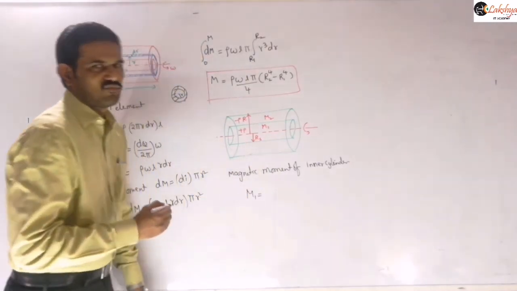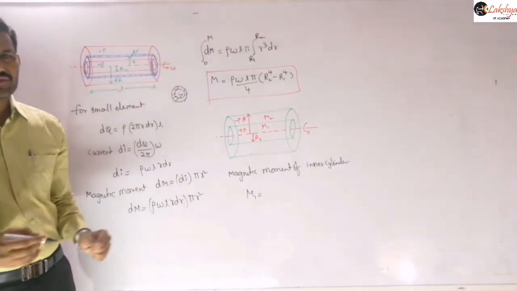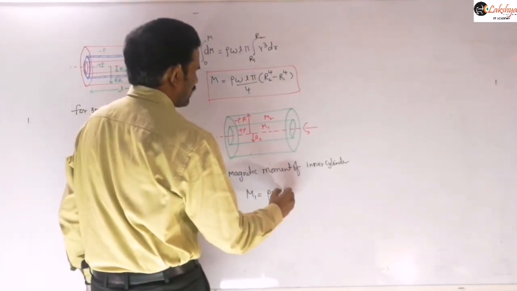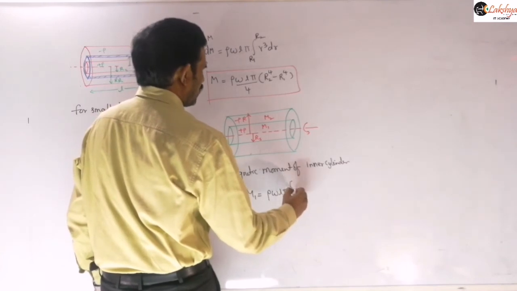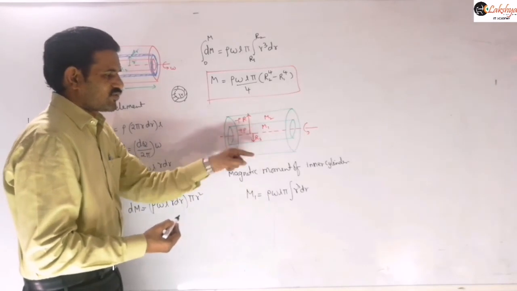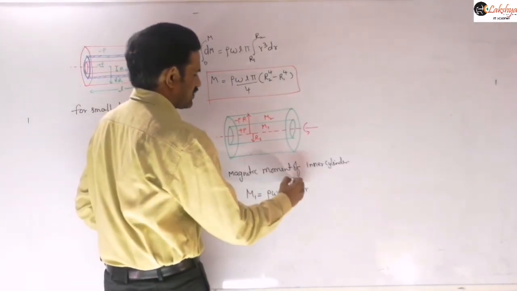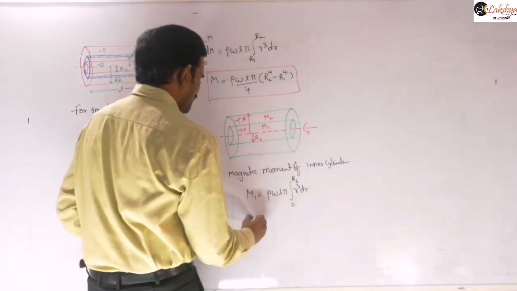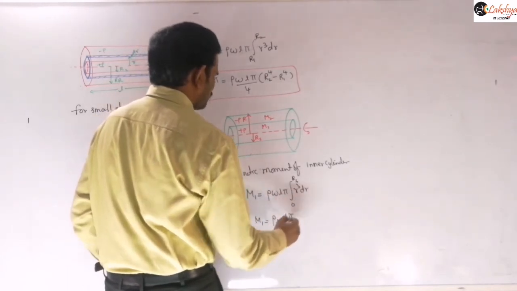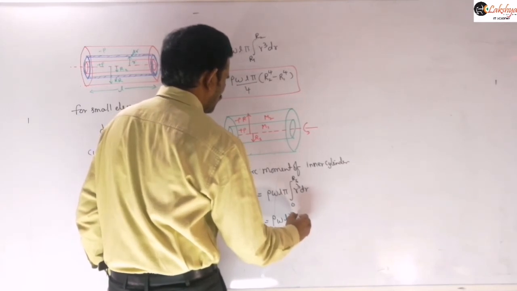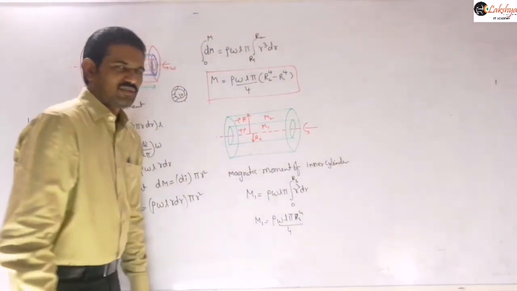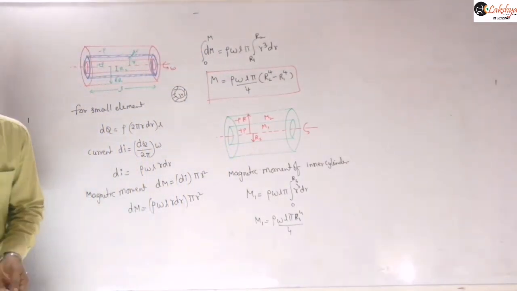Now I am writing this m1 value directly by using this equation here, right? So this is rho omega L into pi integral of r cube dr. Now limits we need to take from 0 to rs, we just need to change the limits here. Therefore this m1 will be rho omega L into pi rs power 4 by 4 you will get, right? That is our magnetic moment of this inner one.